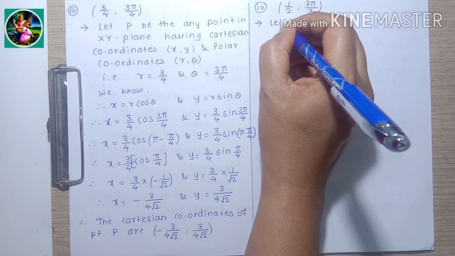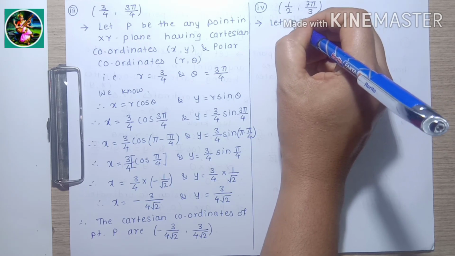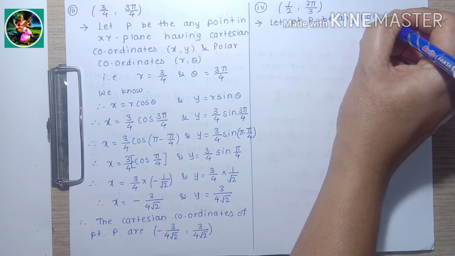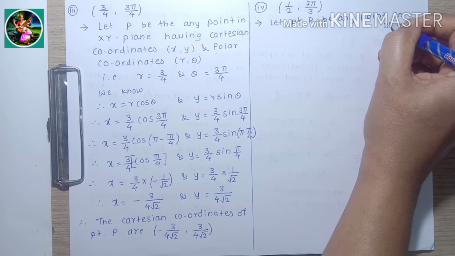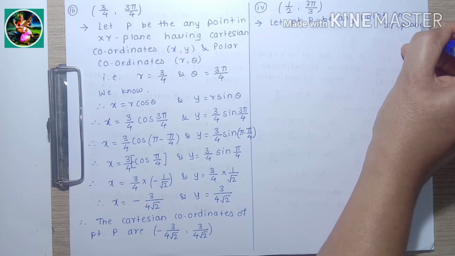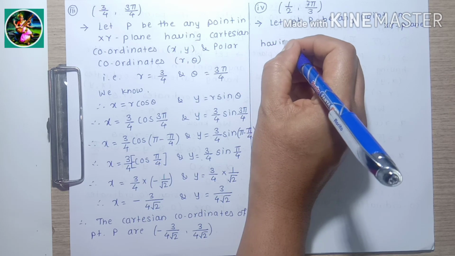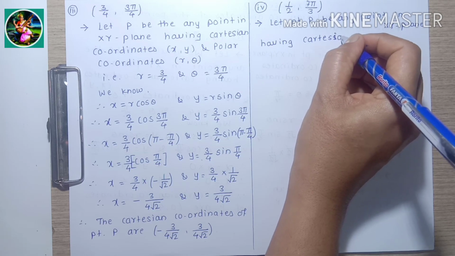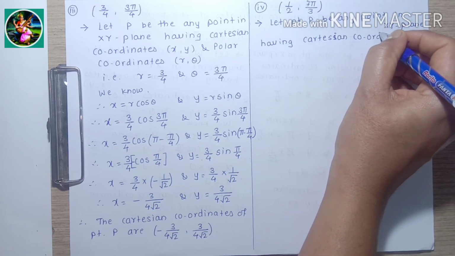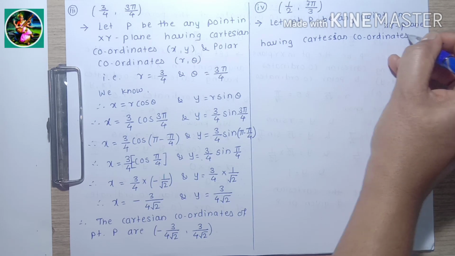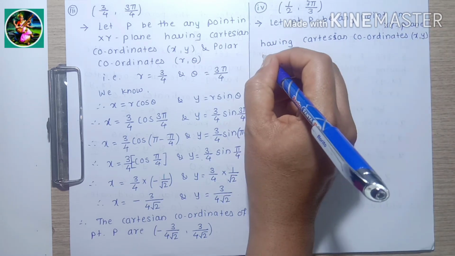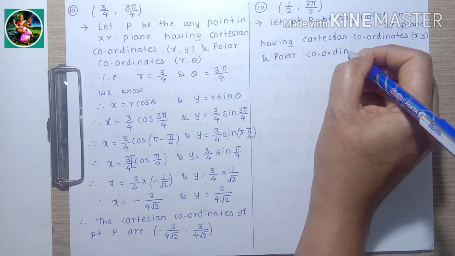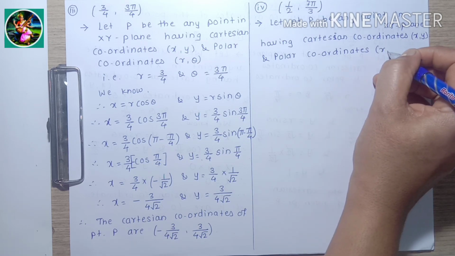Let us again consider that point P. Let point P be any point in the xy plane, okay, having Cartesian coordinates x, y and polar coordinates r, theta.